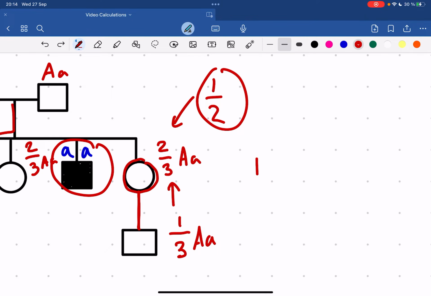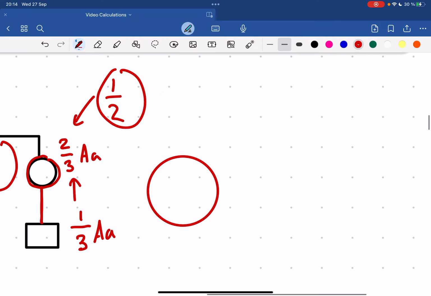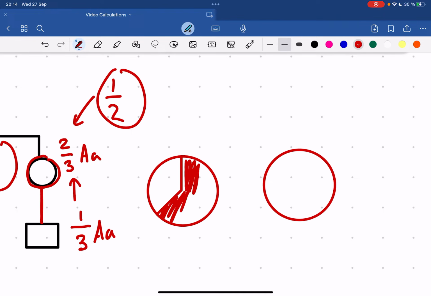But let me explain why this is half of this. Okay, imagine you had 2 pizzas. But you have some friends that are eating your pizzas, and they have eaten 1/3 of your pizza. Whoops. So you have 2/3 of your pizza left.